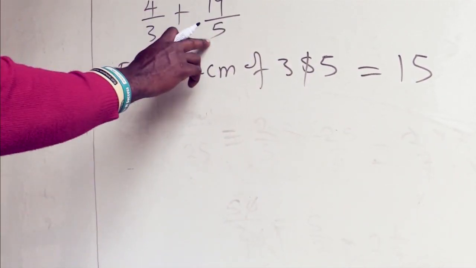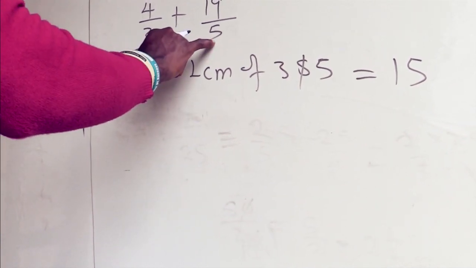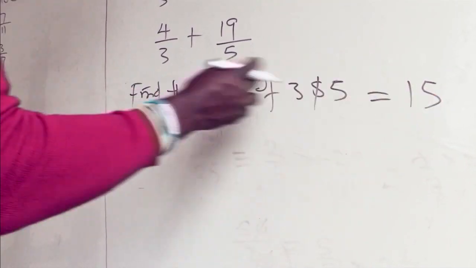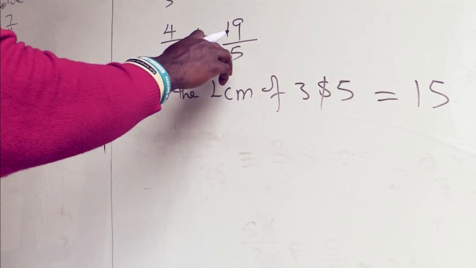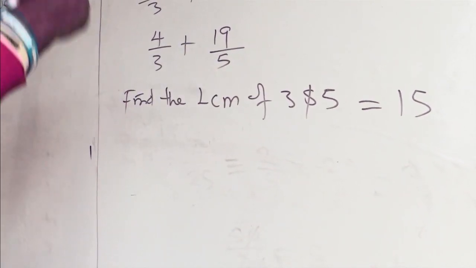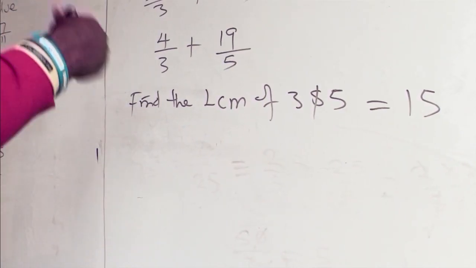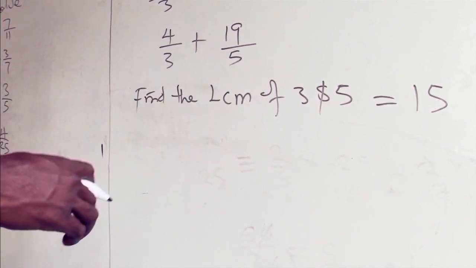Because there are cases, unlike this case where you have 3 and 5, when you multiply 3 and 5, you also have 15. But there are cases whereby if you multiply the denominators, you will not get the same answer as you get when you are looking for the LCM.